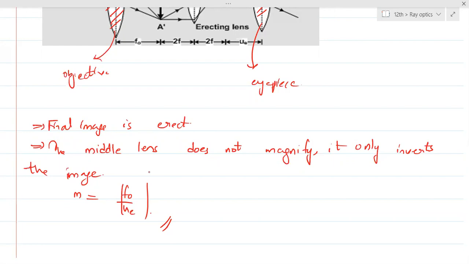Okay? We do not use the middle lens to magnify because in every case we would have to vary the length and all those things. That's why we will not use the middle lens as a magnifying one. Got it?